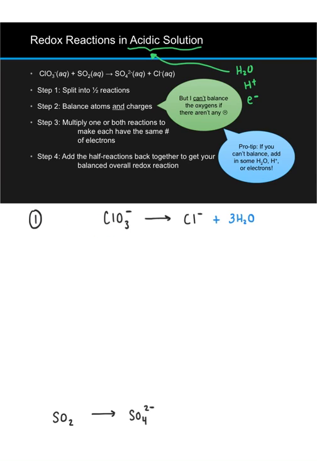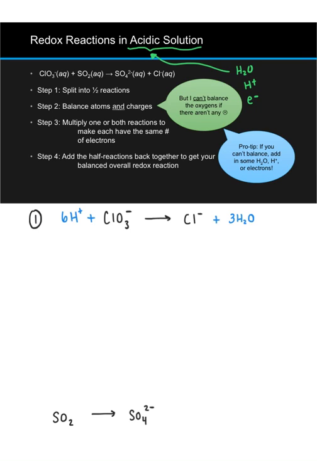If ever we need to balance hydrogen in an acidic solution, we can take advantage of the H+ cations that are floating around in an acid. I'm going to add 6 H+ cations to compensate for the 6 hydrogens that were produced by me adding water to the right-hand side. And now I should have an appropriate number of atoms of each type. 6 hydrogens, 6 hydrogens, 1 chlorine, 1 chlorine, 3 oxygens, 3 oxygens.